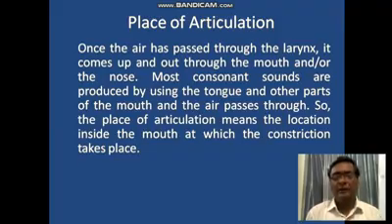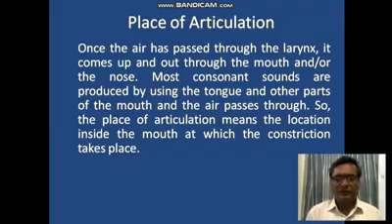And air passes mainly through our mouth, or it can also pass through our nose, but in 90% or 95% of cases it passes through our mouth. And that's how we identify the origin or place of consonant sounds. So the place of articulation means the location inside the mouth at which the constriction takes place.